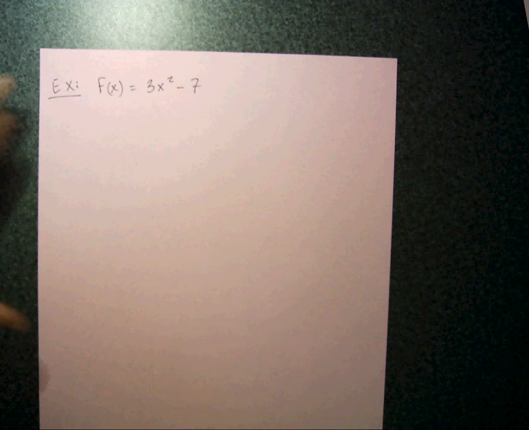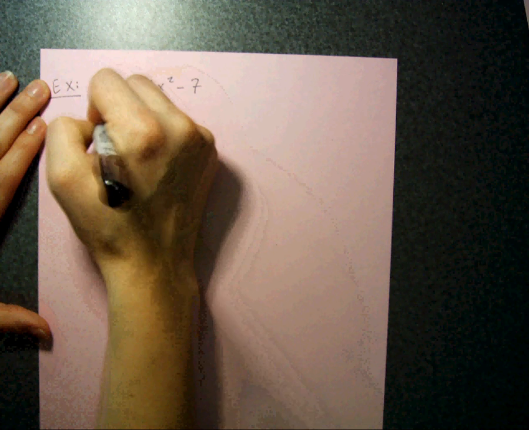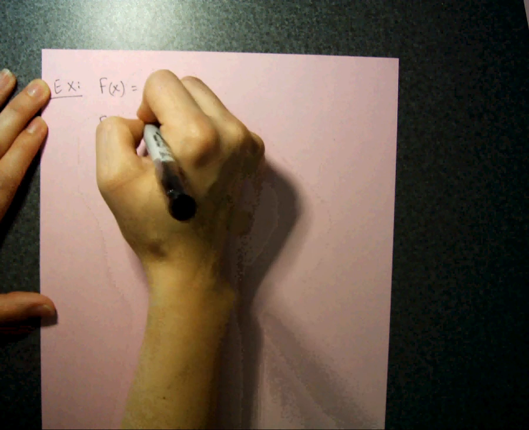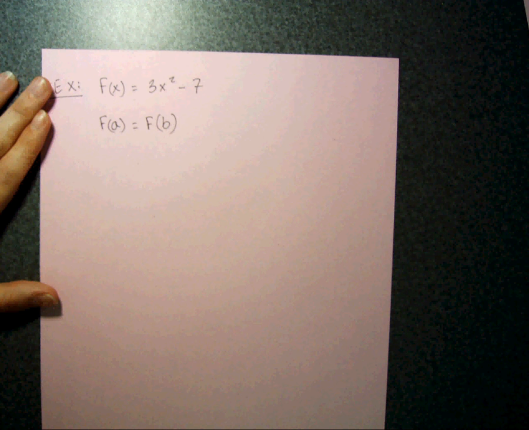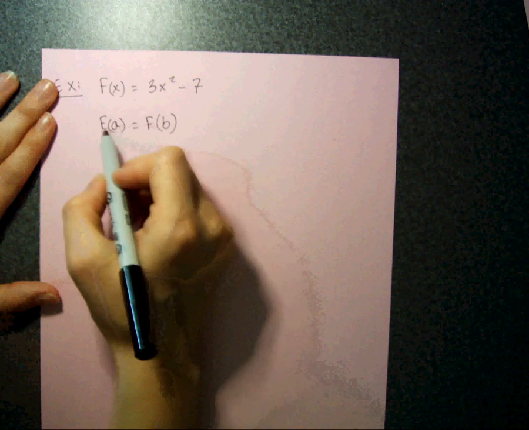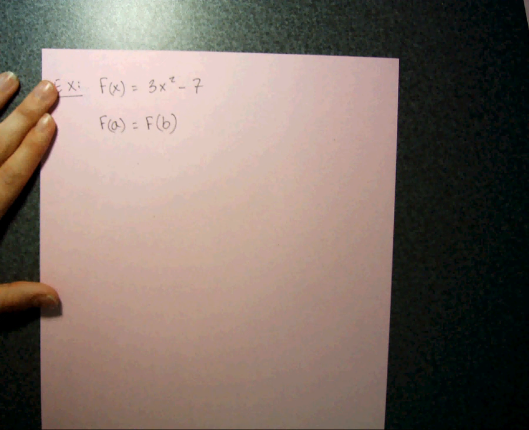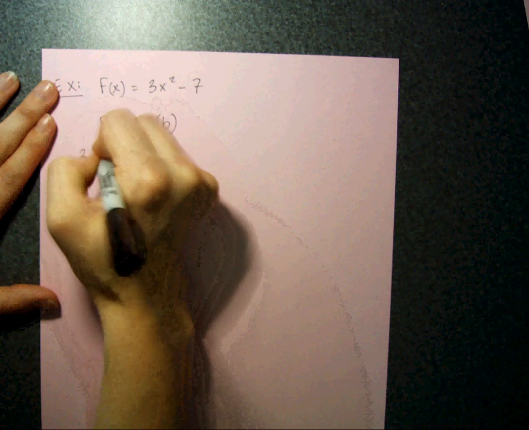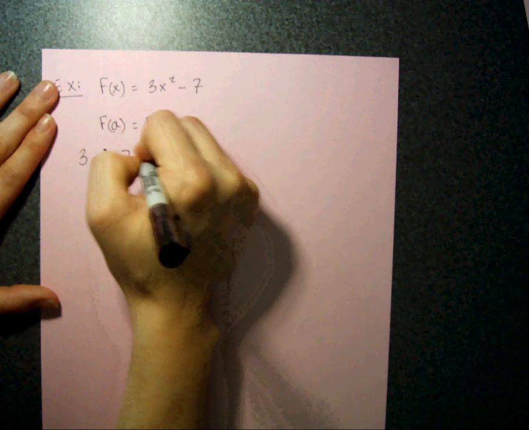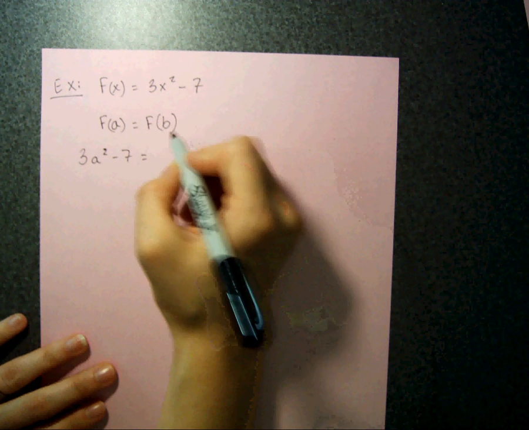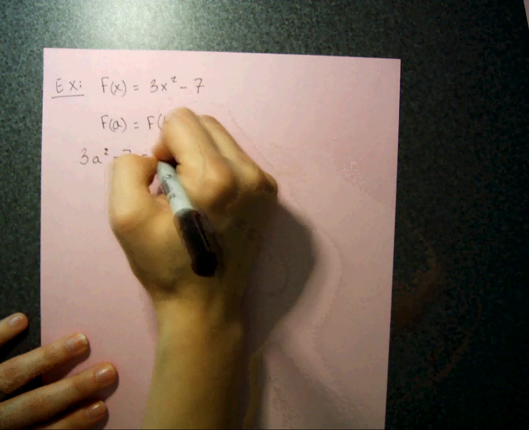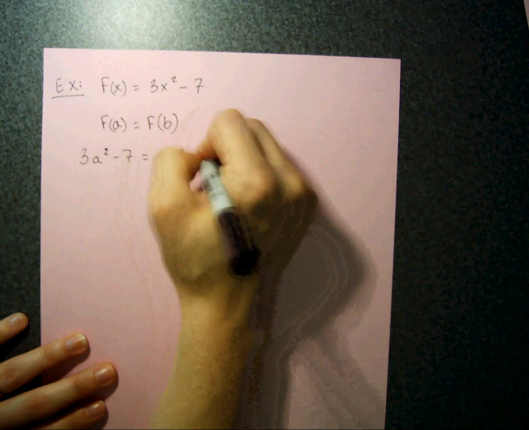So I'm going to, again, start with the beginning portion of the definition, f of a equals f of b, and write in what those two things mean. F of a means I'm plugging in a for x, so I would have 3a squared minus 7 equals, and on the right side, I have f of b, which means I'm plugging b in for x, so I have 3b squared minus 7.